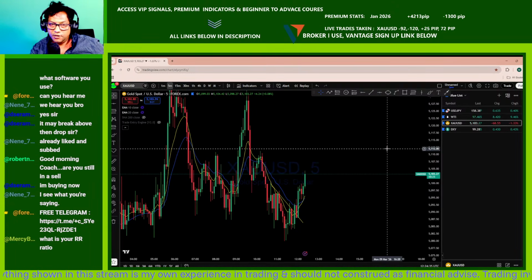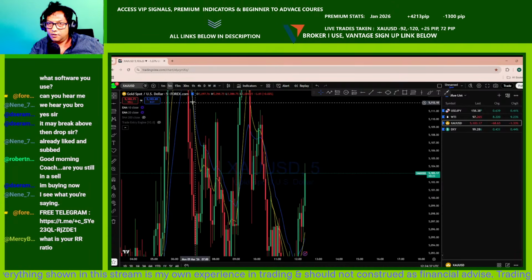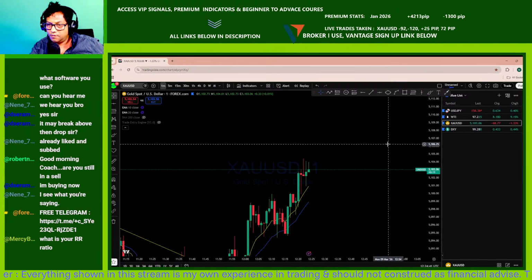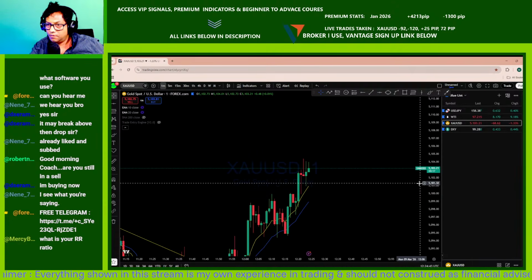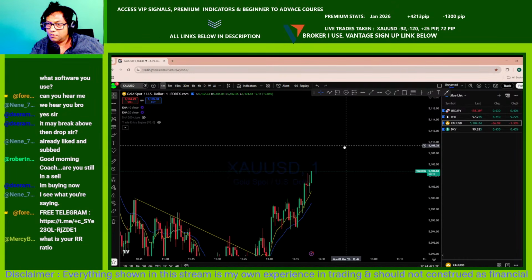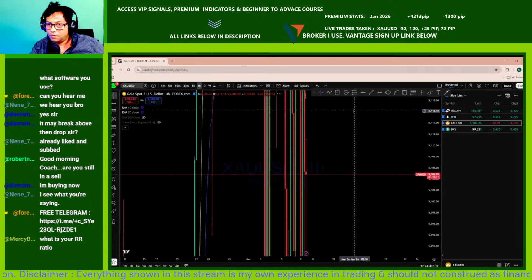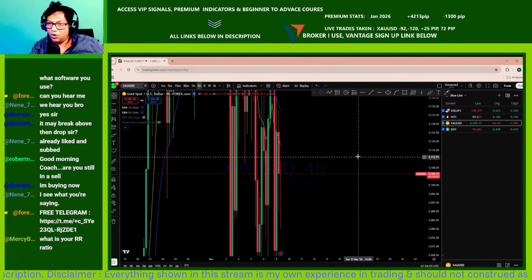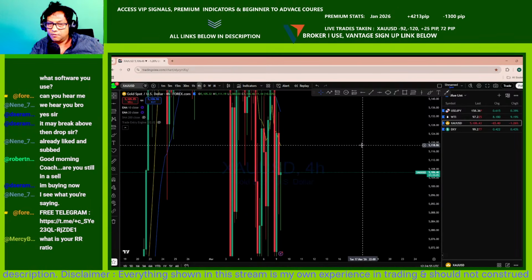If we look at another entry here, it almost reached the 4-hour level of resistance here. This is a really interesting move.